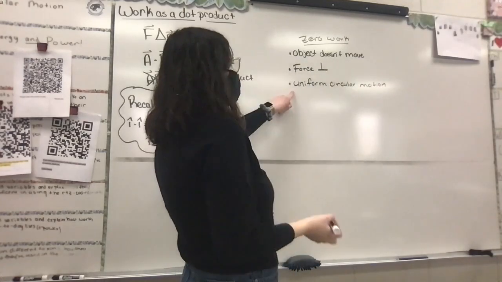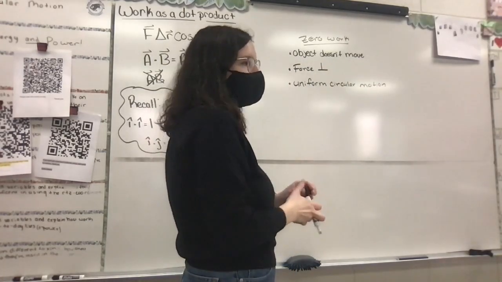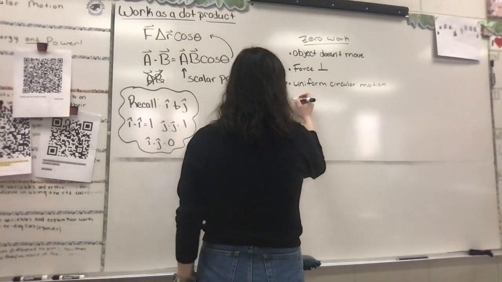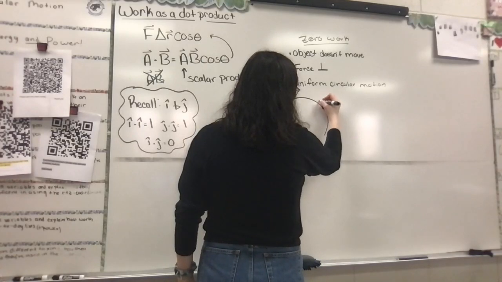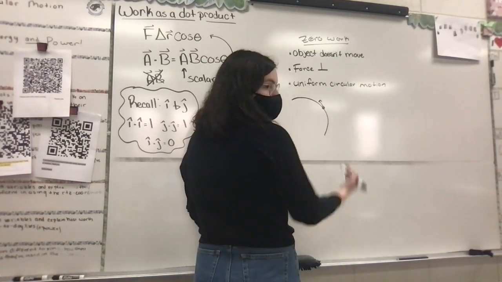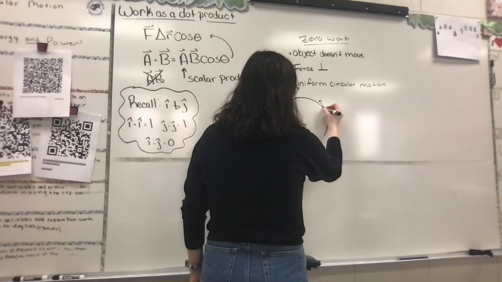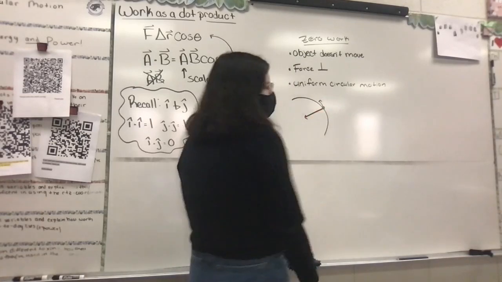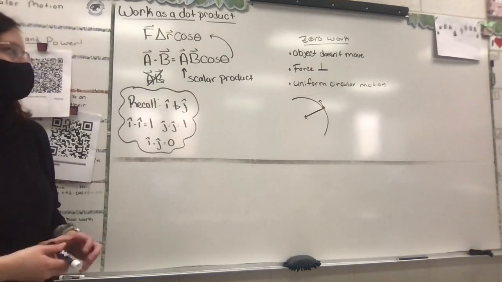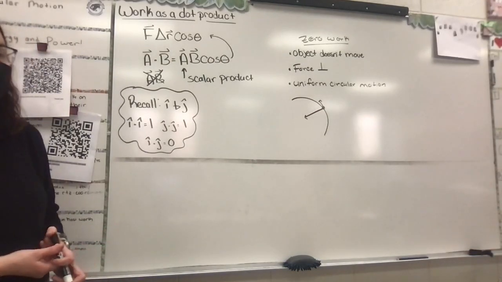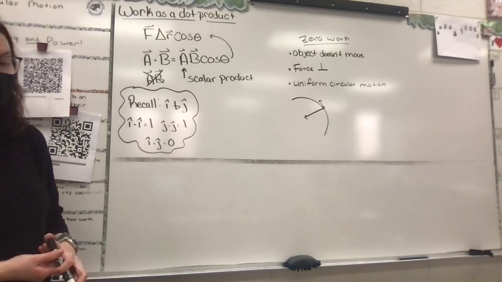Uniform circular motion and perpendicular force go hand in hand. Because if you think about it, if you're right here, that's your displacement. You're going tangential along the circle, and then your force is inwards, so it makes it perpendicular. But sometimes it's easier just to remember that in uniform circular motion in general, you're not going to have any work being done, okay?